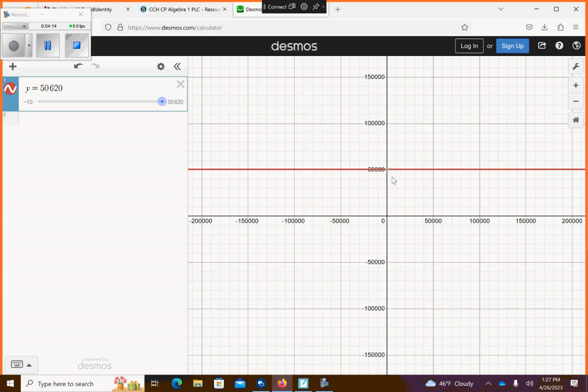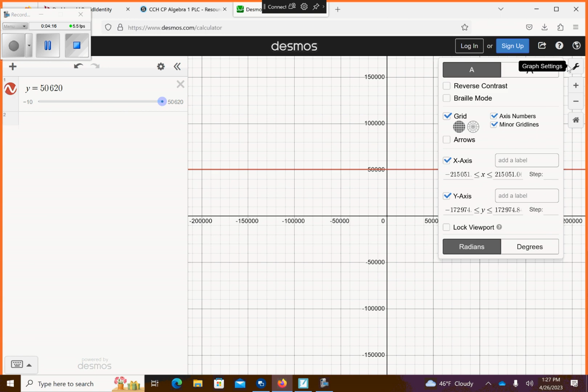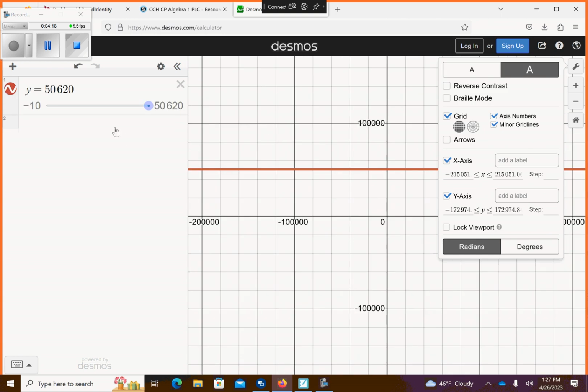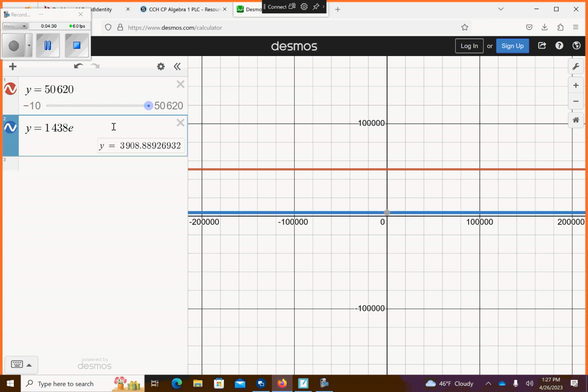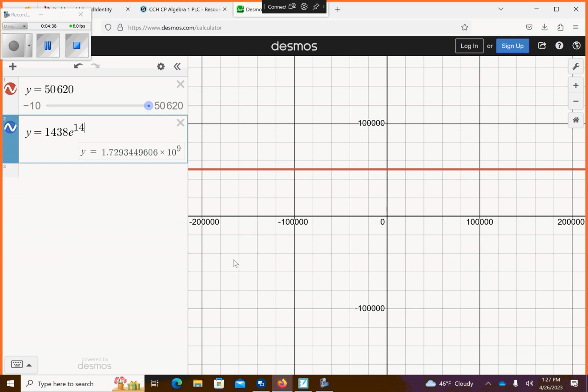So then the other equation, I'm setting the two equations equal. So I get y equals 1438 e raised to the, what did we decide was 14 years? 14 and then X.